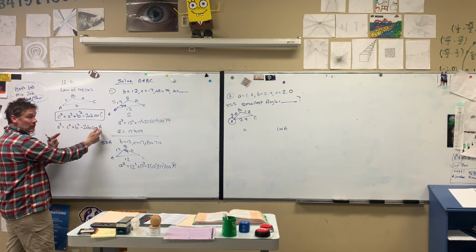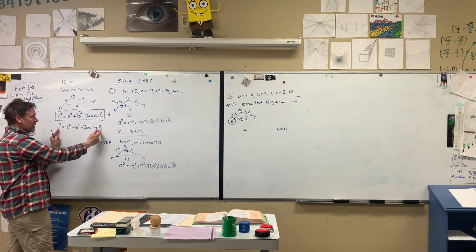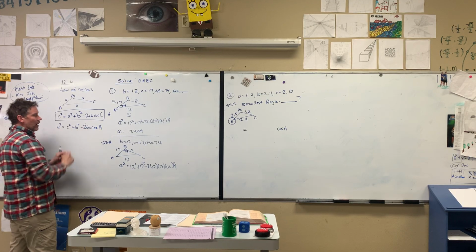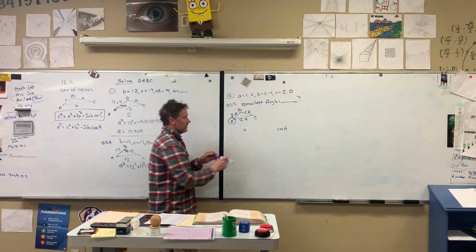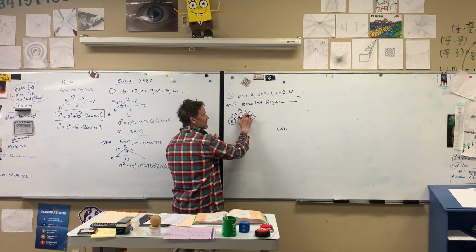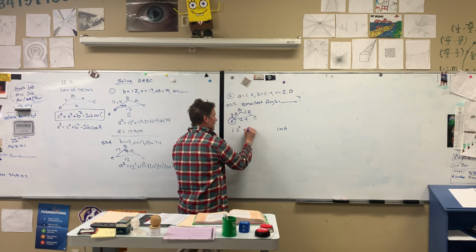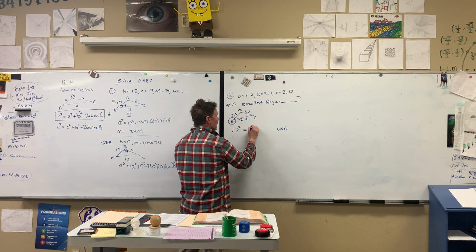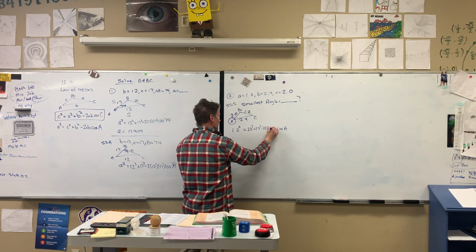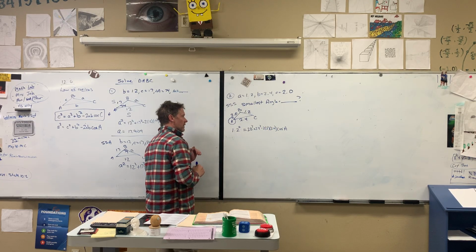So if angle A is what I'm looking for, then I need to make sure side A is over here, and then your other sides are on the inside. So cosine A, side A needs to be on the left-hand side, and then I go 2.0 squared plus 2.4 squared minus 2, like this, and then I solve.